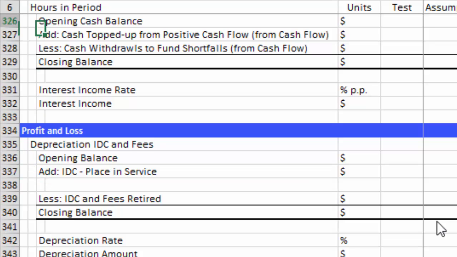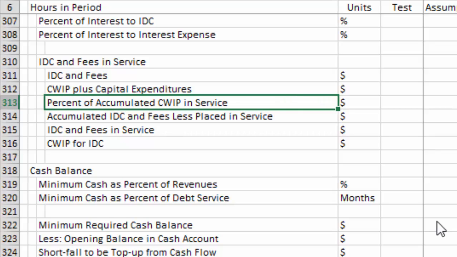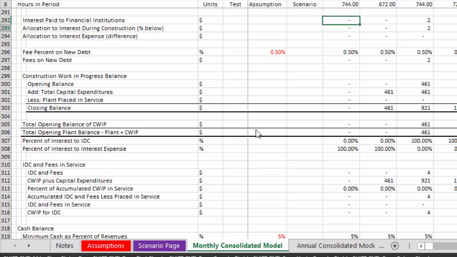Now to get that to work, I added the IDC and the fees that were taken during the construction period, by definition, basically.